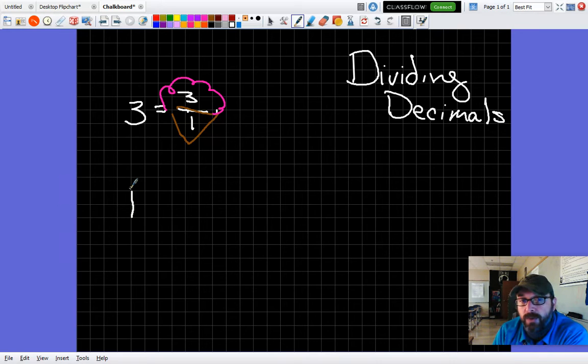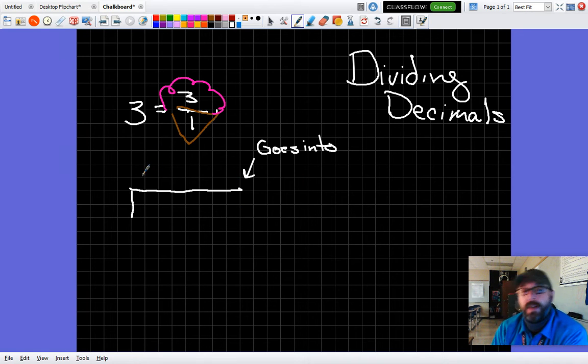For those of you who don't know, the appropriate name for this symbol is the gazintu, and it's spelled "goes into." Okay, gazintu. Because we want to know how many times 1, which is in the pantry of the refrigerator, goes into 3, which is inside the freezer.